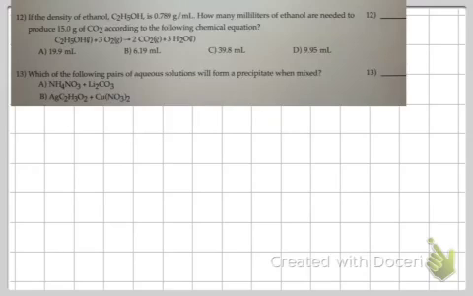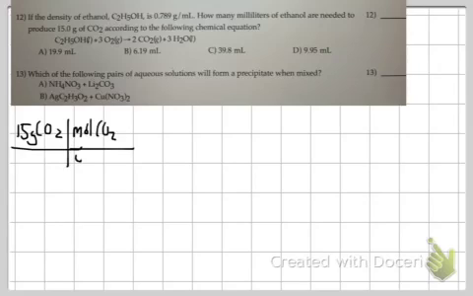Moving on. Density of ethanol is this. How many milliliters of ethanol are produced from 15 grams of CO2? So let's see here. You start off with 15 grams CO2. So it's density of ethanol. How many milliliters of ethanol? Mole CO2, 44 grams CO2.